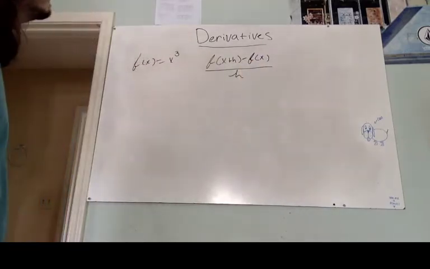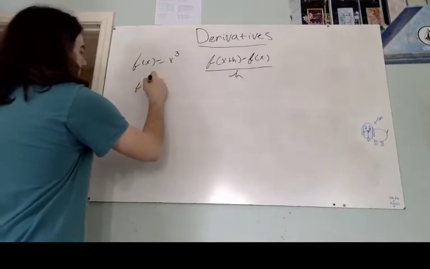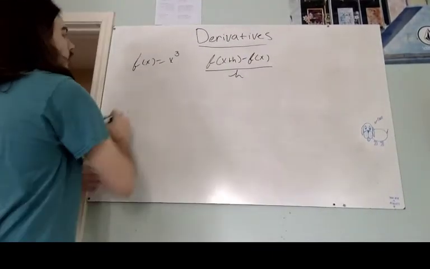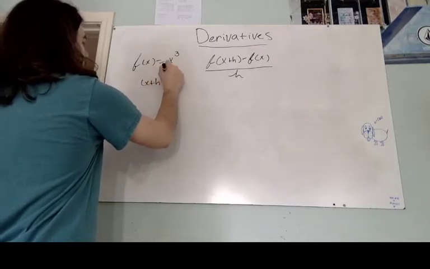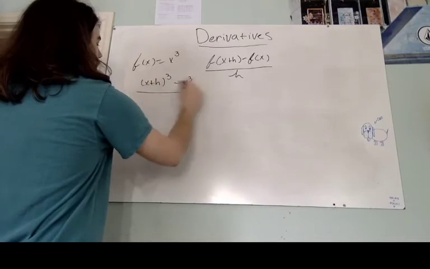So what we would do is we would do, oh well, hang on, let me do this differently. We're going to do x plus h cubed minus x cubed over h.